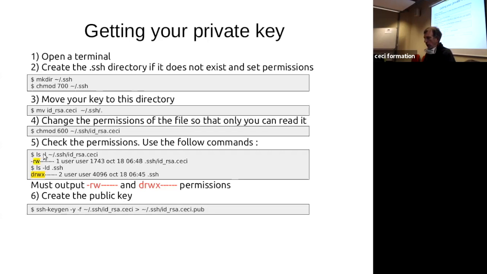So when you do ls -l of your SSH identity file, there is only read-write for the user. And the same for the folder: only read-write and the x so you can enter the folder.